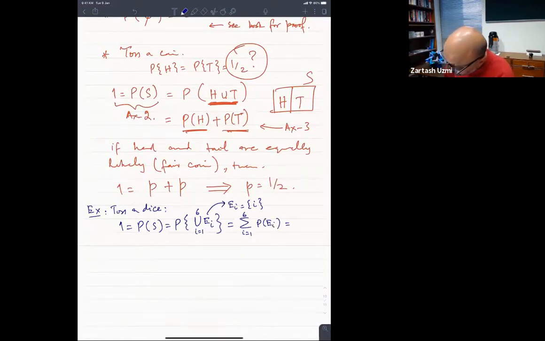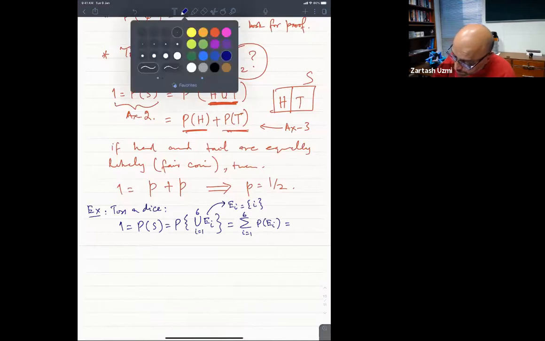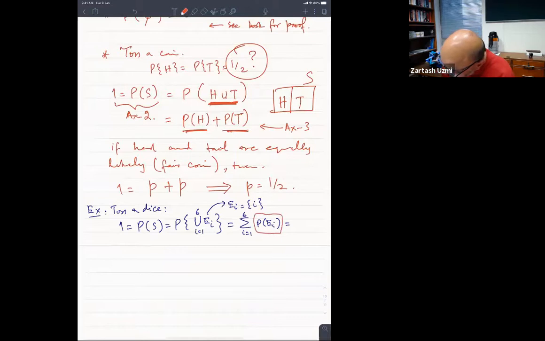Since this is a fair dice, this thing has to be constant. If the dice is fair, the probability of getting 2 or 3 should not differ, it should be the same, some constant number.